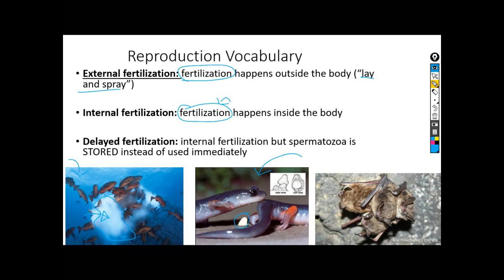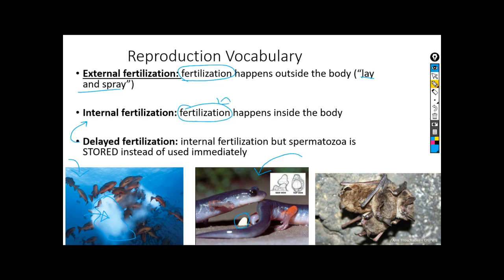Okay, so our very last term then is this delayed fertilization. Okay, so delayed fertilization belongs as sort of a subtype of internal fertilization. Right, so only internal fertilizers, feels weird when you refer to them that way though. So only individuals or organisms that do internal fertilization can do delayed fertilization.